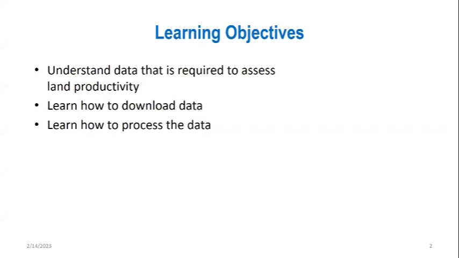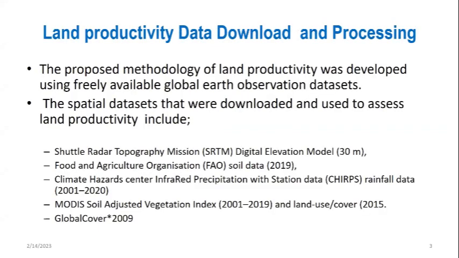You need a sensor or an image that is going to cover the whole globe. For the proposed methodology and model, we used freely available global Earth observation data sets.